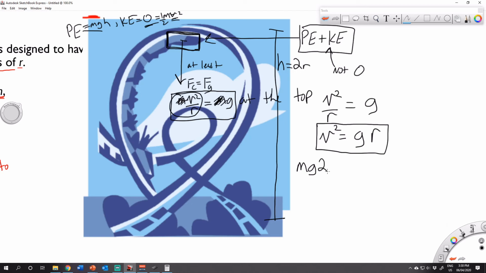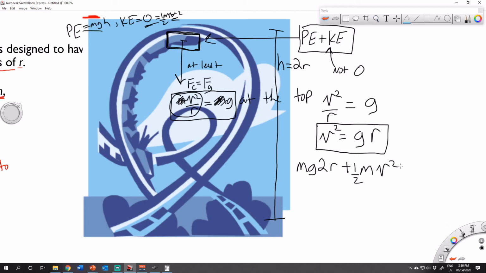So the height will be 2 times radius. Now the kinetic energy will be plus 1/2 mv squared, like so.